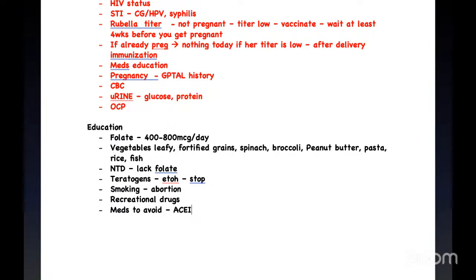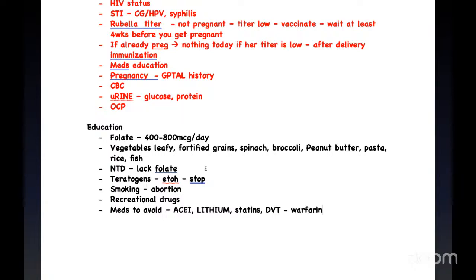Lithium is not good. It's teratogenic. If you have bipolar disorder and you're taking lithium, your doctor needs to change that medication for you. If you have a cholesterol problem, statins, you should change them. If she has DVT and takes warfarin, it's not good.